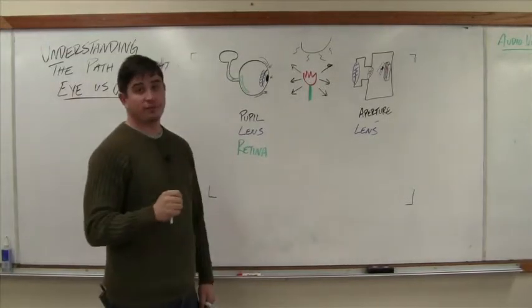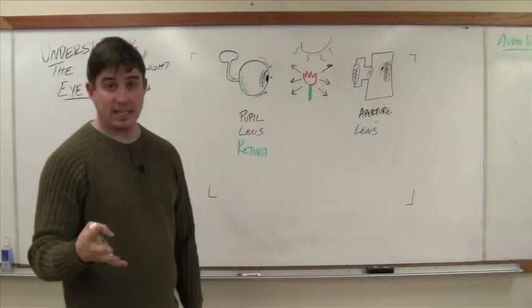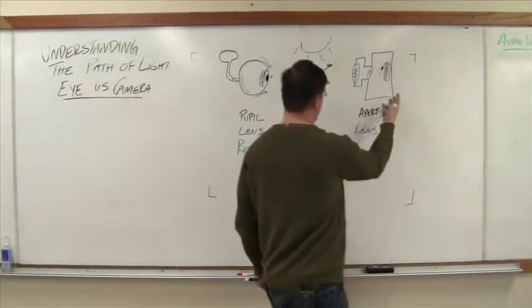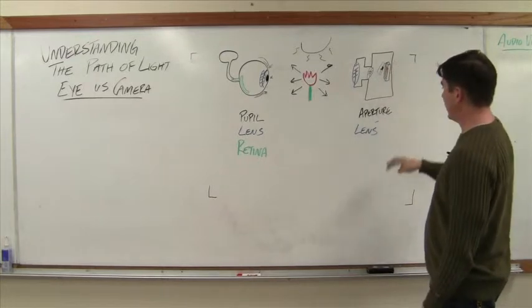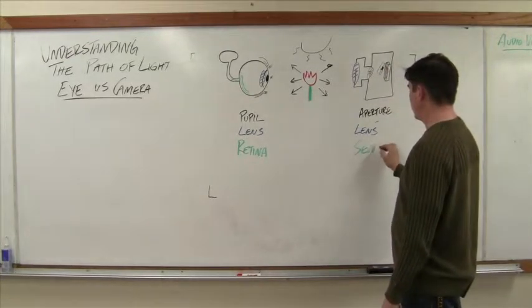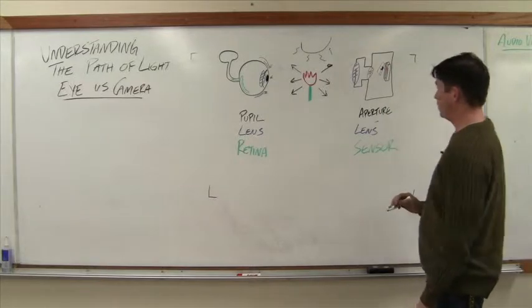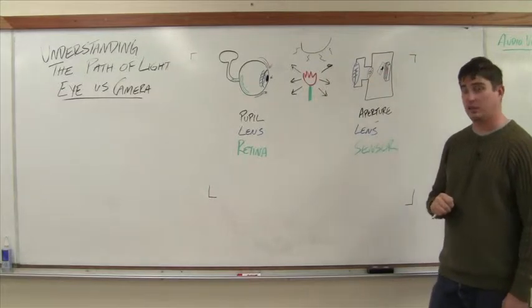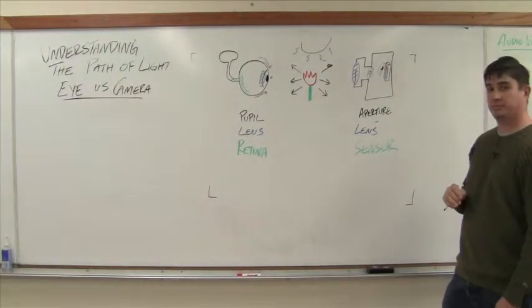And this is really the first time that we start to see with our human eye. Well, if we take that over to our camera, that is our sensor. Our sensor is the first time that we really get to see inside of the camera.